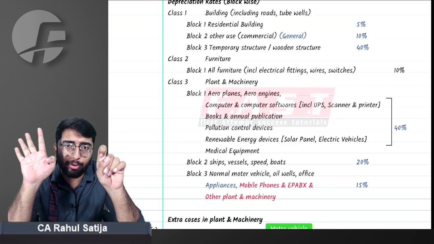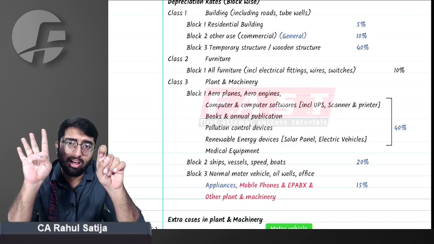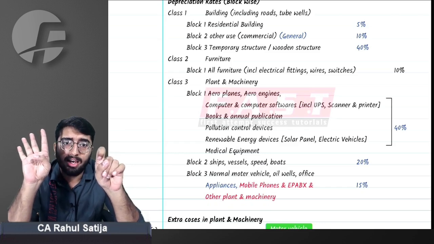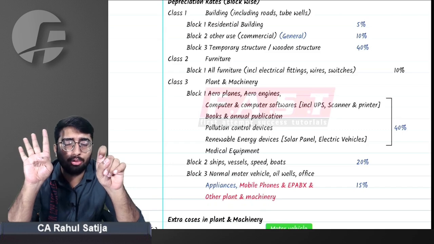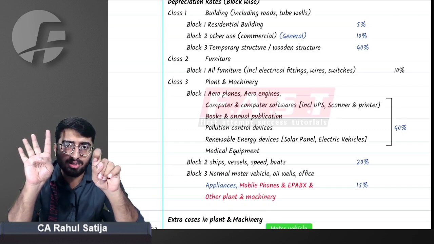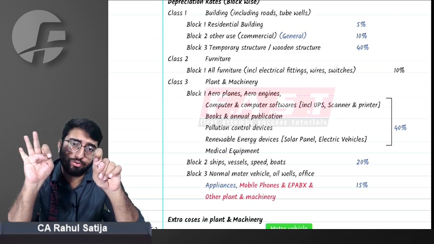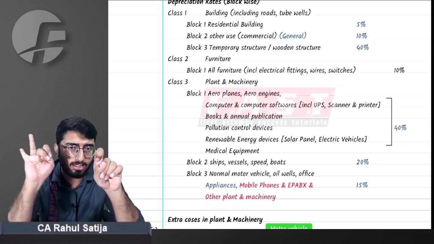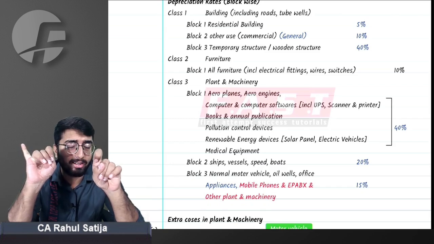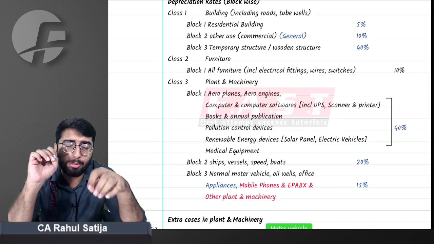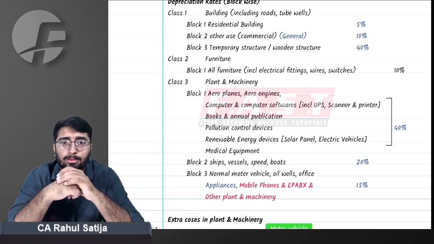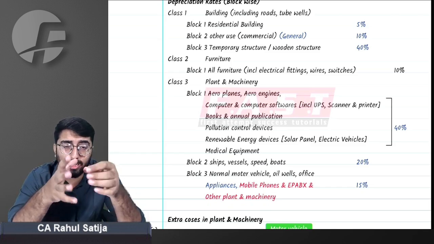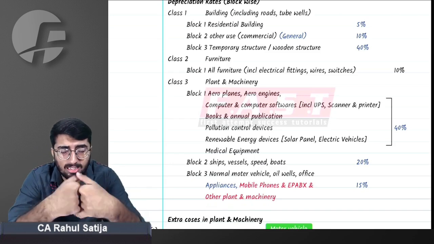Second, computers and software programs. Computers include any kind of printer, scanner, and UPS. These are chargeable at 40%. Any kind of books or annual publications, also 40%. Any kind of pollution control equipment, any kind of renewable energy device, for example, solar panel or electrical vehicle, or any kind of medical equipment, for example, a blood pressure measuring machine or diabetes measuring machine, is also chargeable at 40%.